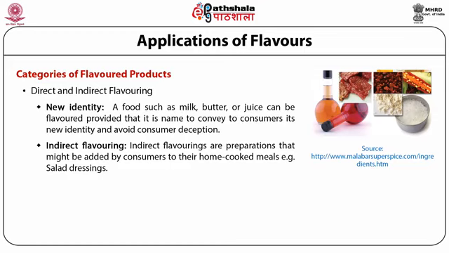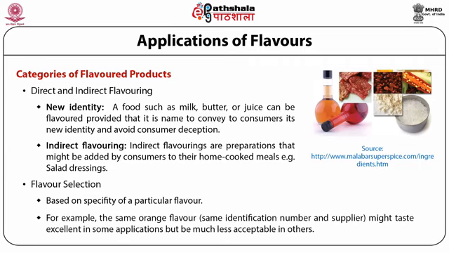So they are considered under the category of indirect flavoring. Next application is flavor selection, which depends on specificity of a particular flavor. For example, the same orange flavor might taste excellent in some applications but may be less acceptable in many others. So accordingly, depending on the specificity of a particular flavor and matching with a particular food product, a particular flavor should be selected.